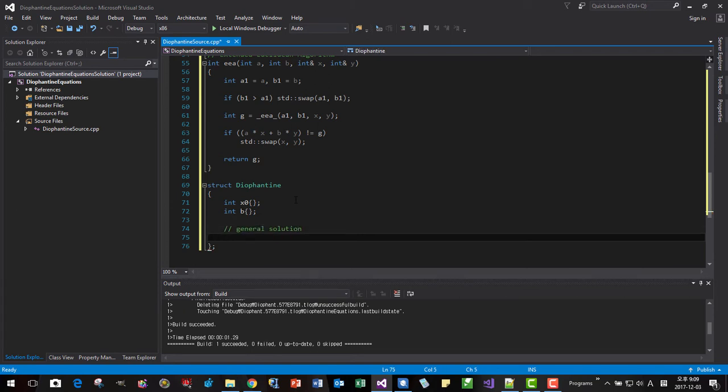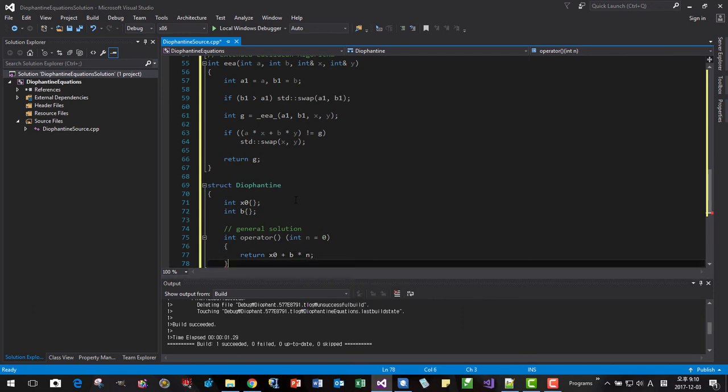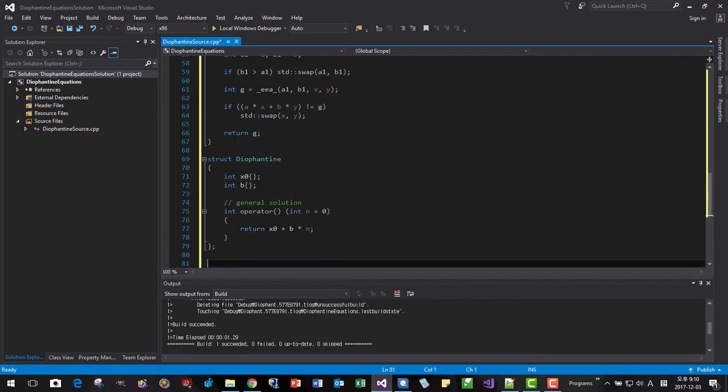I will explain; you will see what I am doing very soon. Then int n equals 0 like this. Then here return x0 plus b times n. I will explain more about this. Here x equals x0 plus b times n. We will do something like this.